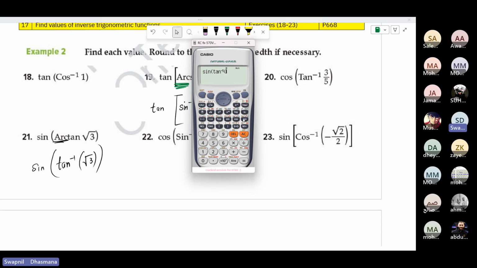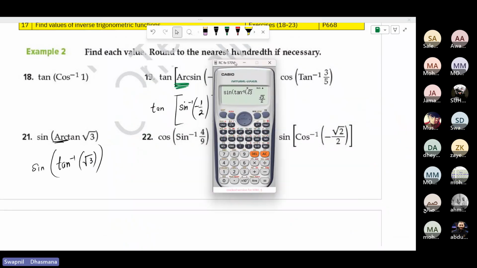Shift tan. Let's see what happens if I change it to radians, no change. If I change it to degrees, no change.